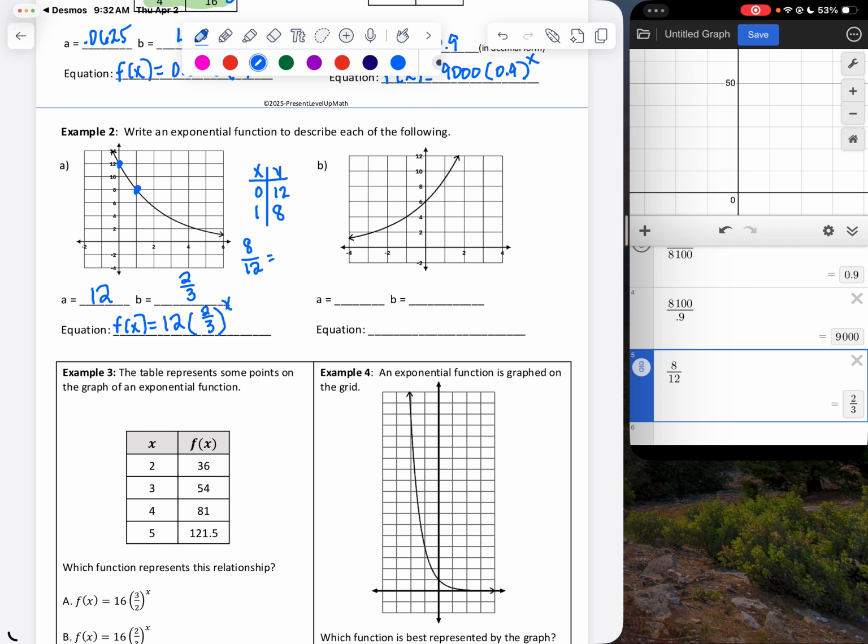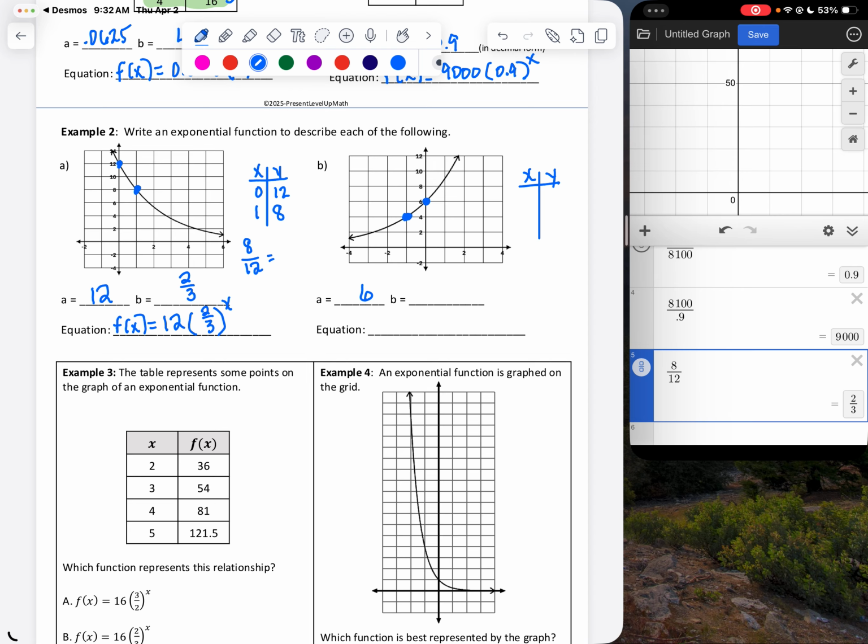All right, problem B. Again, we want to start out by getting our initial value. In this problem, it looks to be 6. And again, when you're given a graph, it's very important that you make your own table. So we're looking for a friendly point, and the only one I'm seeing there is this one.